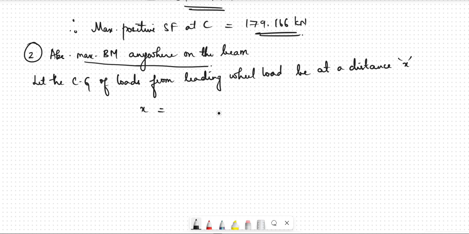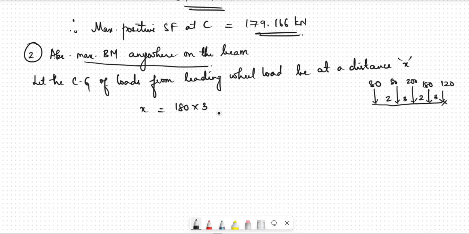So that x is equal to, just look at the set of loads, I'll just mark it here. First you had a 120 kilonewton load, then a 180 kilonewton load, then 200, then 80, and finally the last 80. These are spaced at 3 meters, then 2 meters, another 3 meters, and 2 meters.